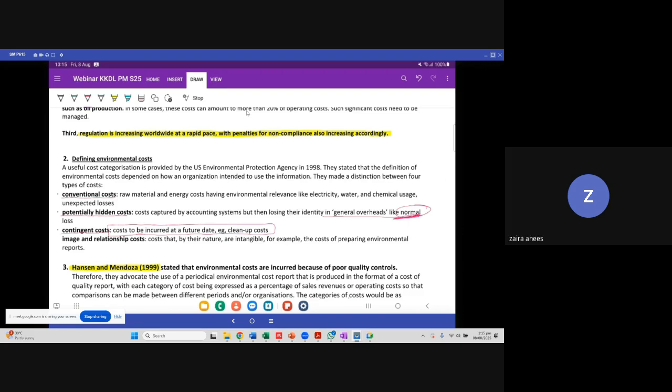So that is basically a future cost, which is the contingent cost.